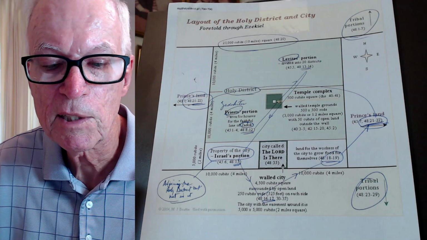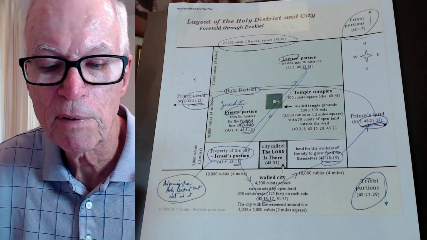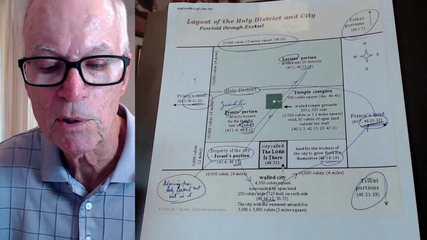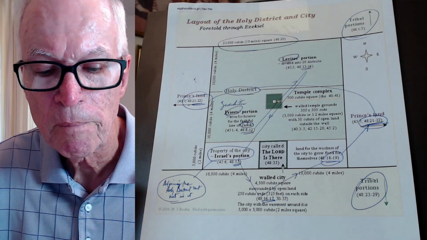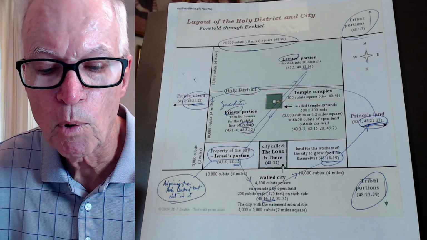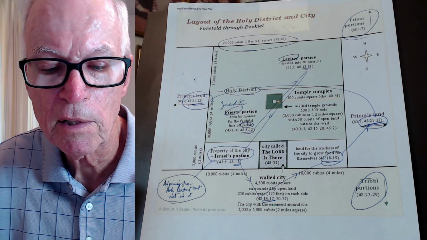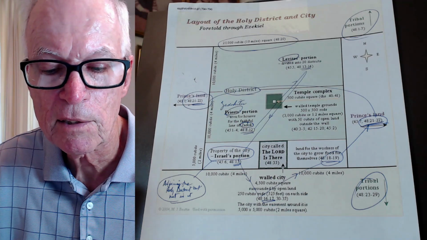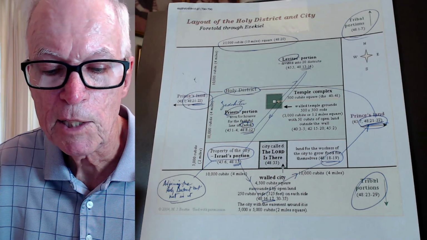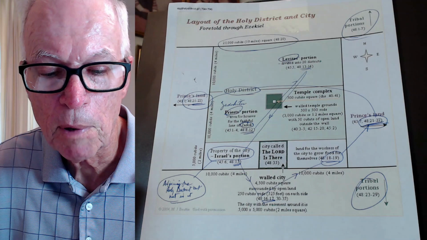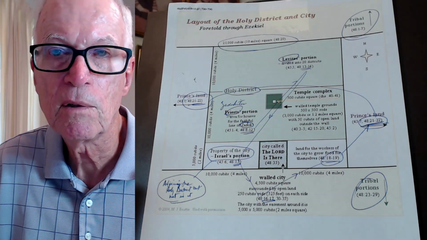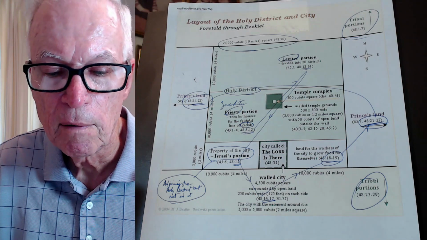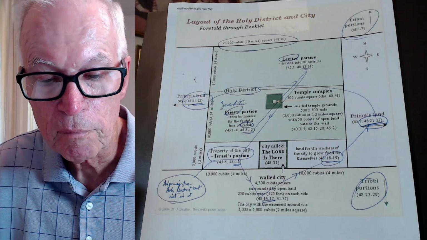Verse 17 says the pasture land for the city will be 250 cubits on the north, 250, 250. So it's a square. Then verse 18, what remains of the area bordering on the sacred portion and running the length of it will be 10,000 cubits on the east side and 10,000 cubits on the west side. Its produce will supply food for the workers, so it's going to be land to be cultivated and provide food for the workers.